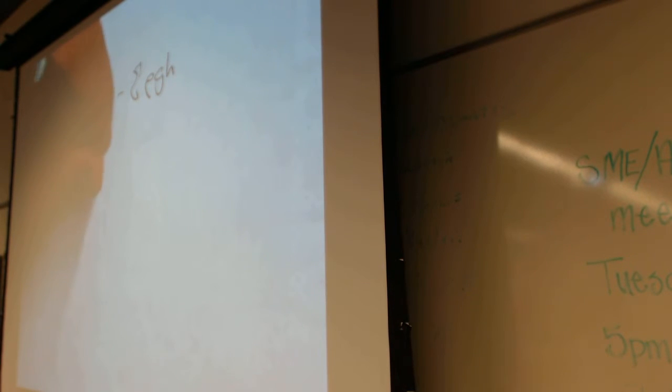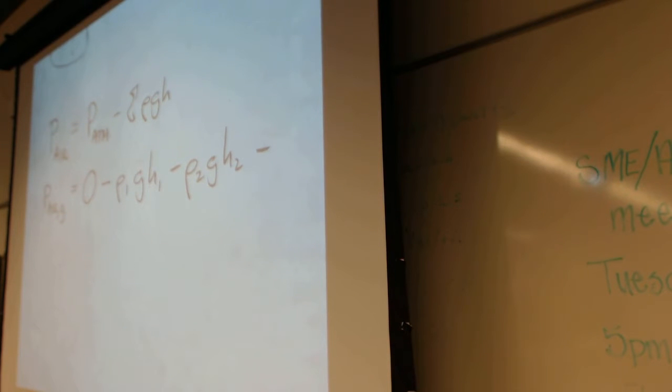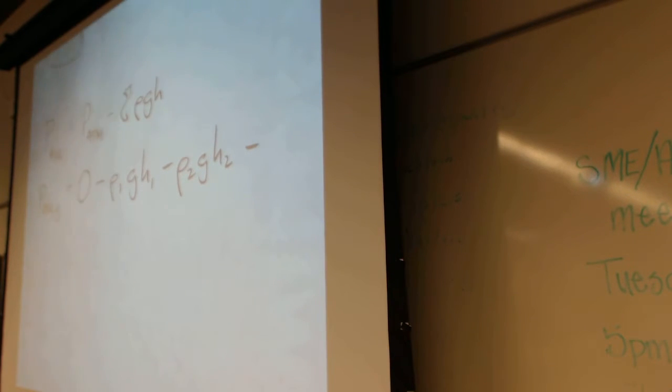So my P atmosphere is 0 because that's my reference, minus rho 1 g h1 minus rho 2 g h2 minus... oh boy, I don't like my numbering. I'm going to change my numbering here because I want to start from here.